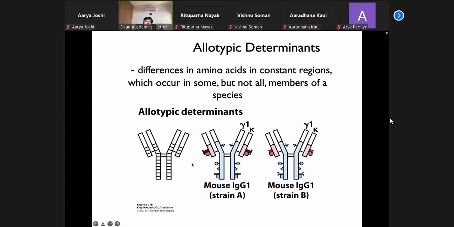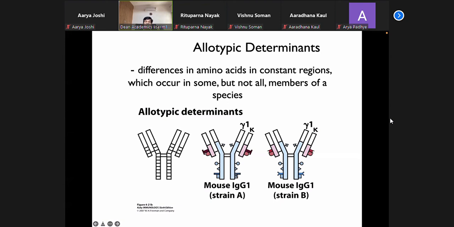Allotypic determinants are found within the same species. These are also present in the constant region, and occur in some but not in all members of the same species. For example, you have a mouse species, mouse IgG1, mouse IgG1. You have one strain, you have another strain. Some of these epitopes will be shared, the same epitope here, here, and here.